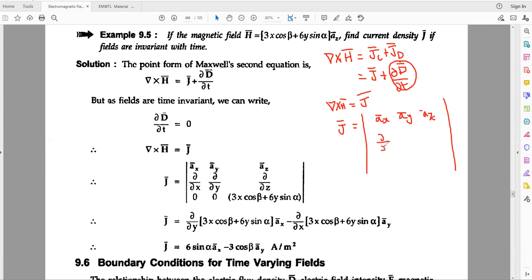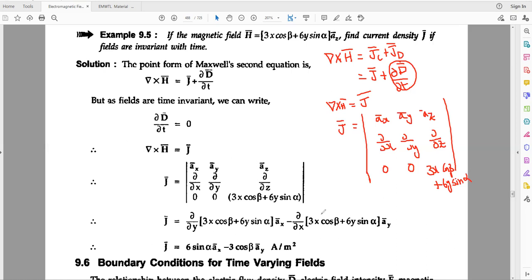Del is dou by dou X, dou by dou Y, and dou by dou Z. And what is the term here? We have AZ bar term only. There is no X and no Y, and only we have Z coefficient 3x cos beta plus 6y sin alpha.